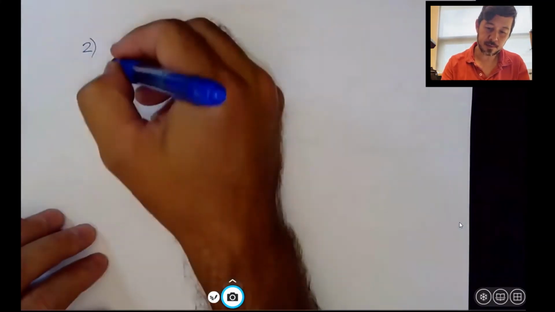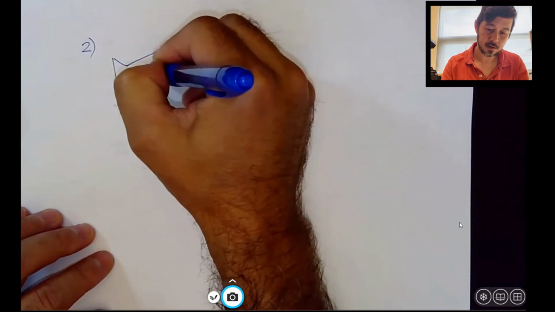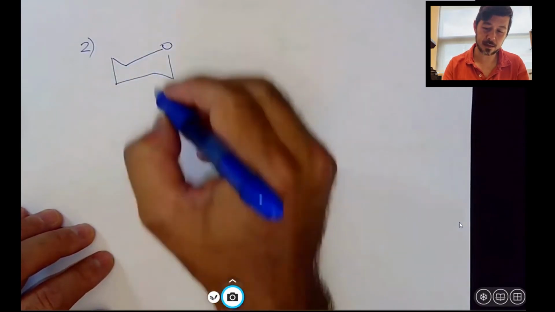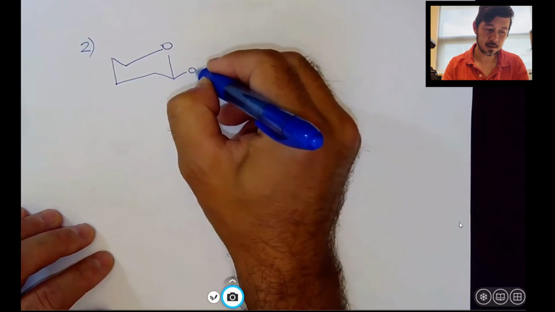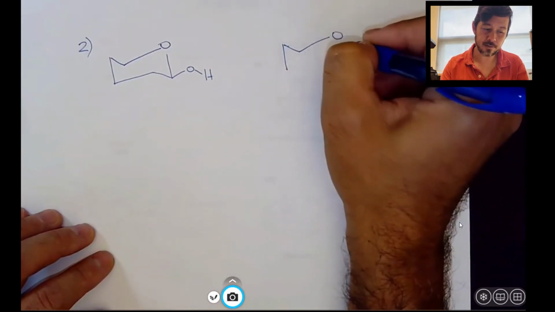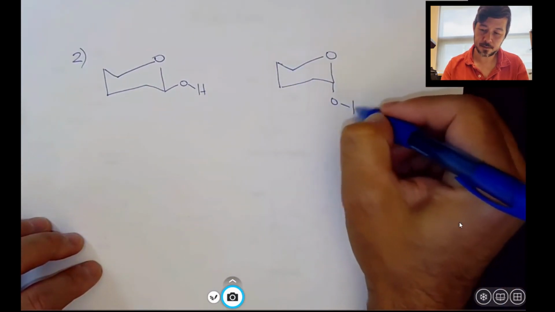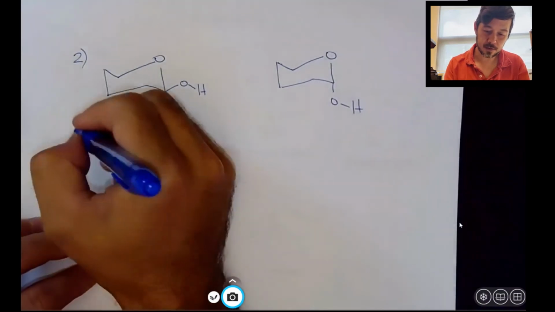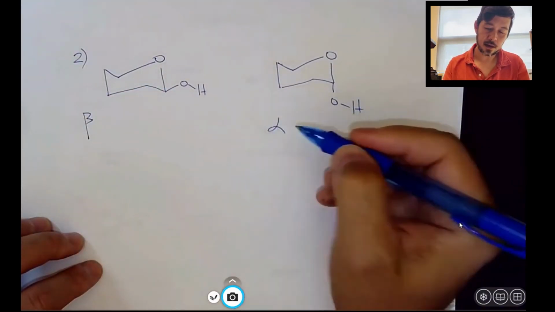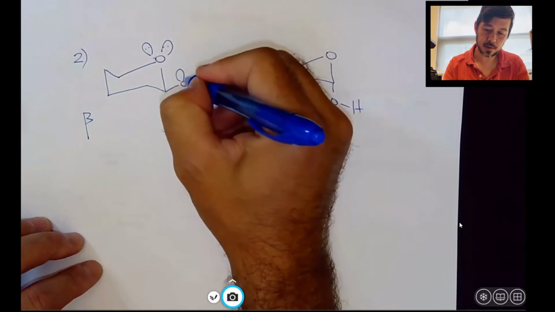Another interesting secondary way to explain this will be illustrated here, where you have the alpha and the beta anomers, beta, alpha, and I'll draw the non-bonding electrons on both of these.